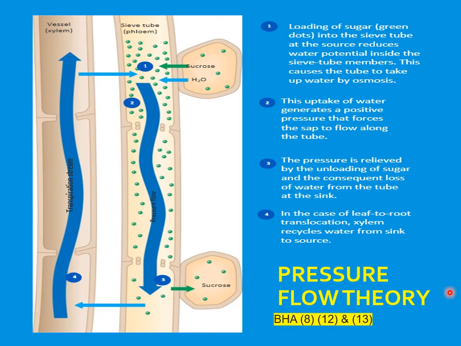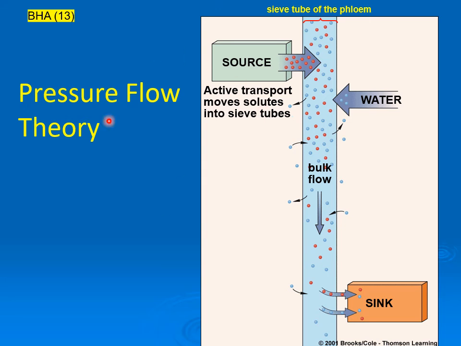Sama juga dengan mechanism bulk flow juga ya. Untuk how they unload the sugar from the source, daripada daun, sampai dekat batang ataupun dekat stem ataupun dekat akar, which is at the sink, sugar sink. So this is another story. Okay, look at the picture here. Okay, so active transport will move solute into the sieve tube. Okay, and then water will move in, will increase the turgor pressure because you want to talk about pressure again.